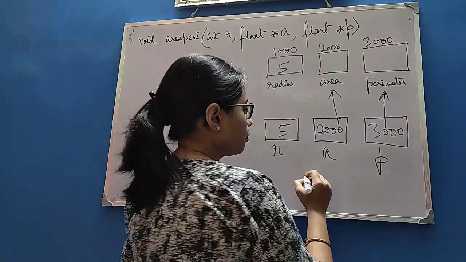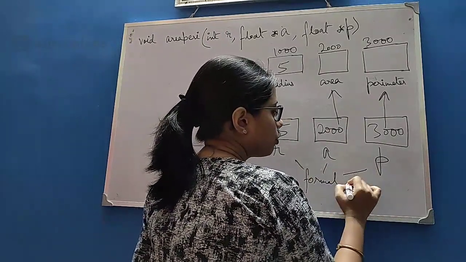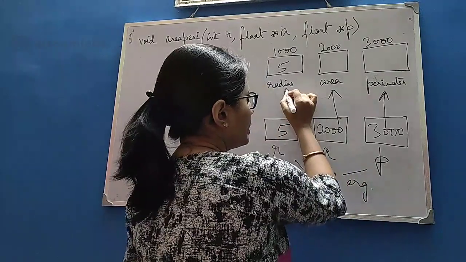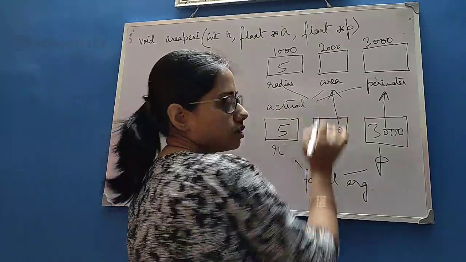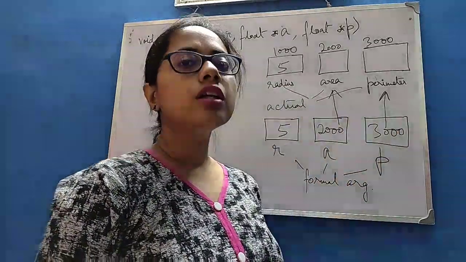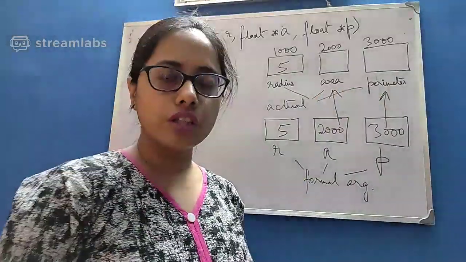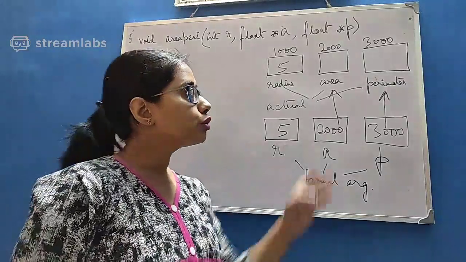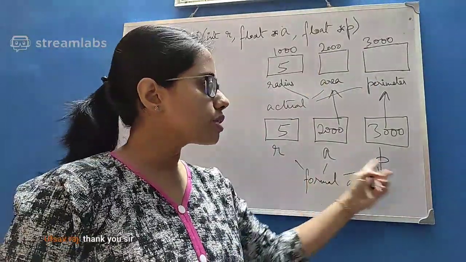So these are my formal arguments. R, A and P are the formal arguments, and radius, area and perimeter are my actual arguments, right? So if I use the references that I have got in the formal arguments A and P, I would actually be able to make the change. I would actually be able to access these locations that can be dereferenced using these.